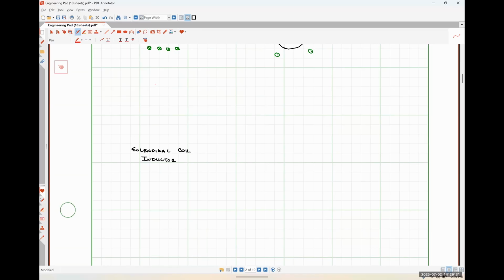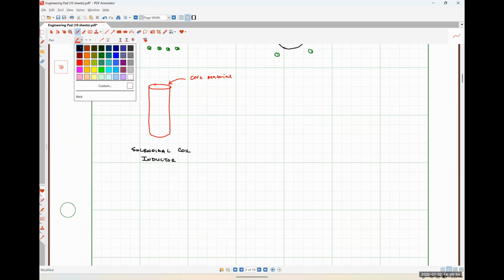It'll be something akin to this. I've got this cylinder, and this is representing the core material of our element. And around this core, I'm going to wrap a wire.